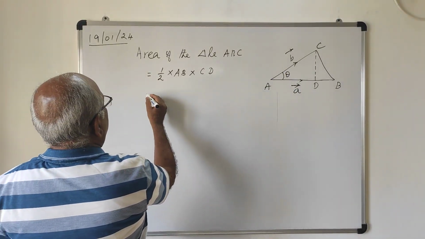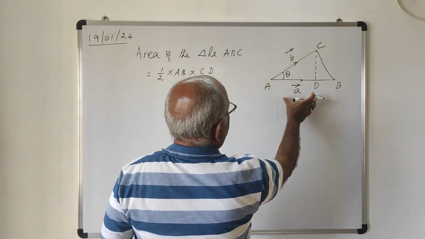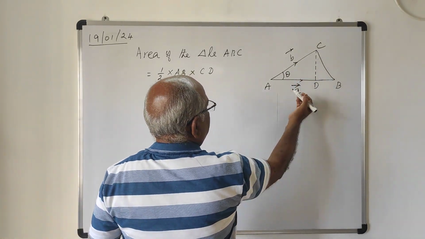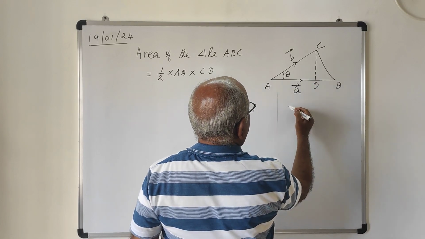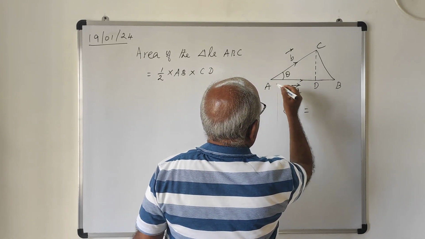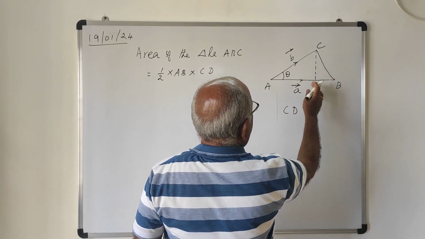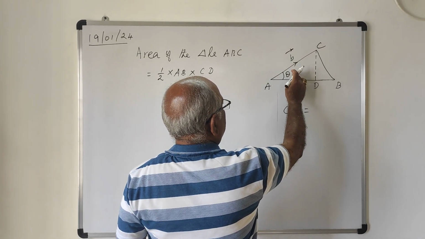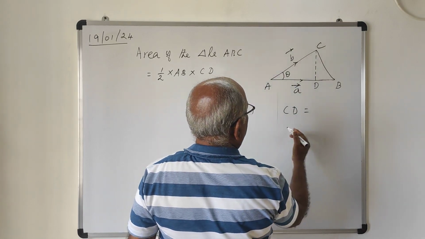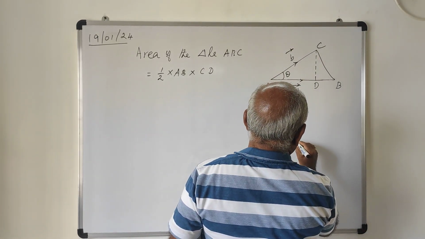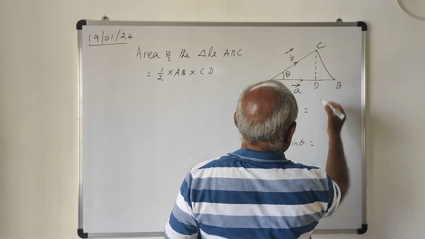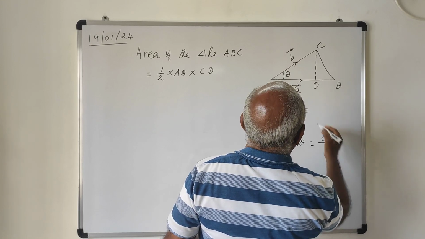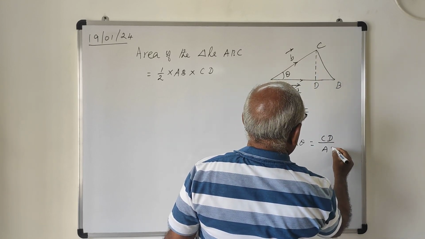Now, what is CD? In the triangle ACD, sin theta is opposite side by hypotenuse. Sin theta equals opposite side CD by hypotenuse AC.